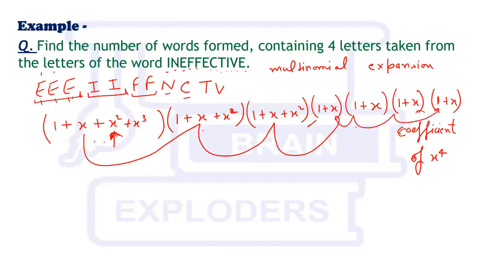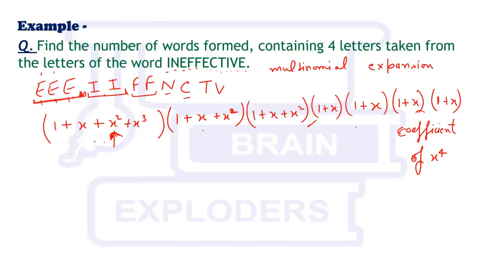So indirectly, we can select 2 E's from this part, then 1 E from this part, then 1 F from this part, then 1 N from this part, and then nothing, or 2 E's or 1, and in this way different types of combinations are possible. This coefficient will tell us the number of ways in which 4 letters can be selected from the word ineffective.